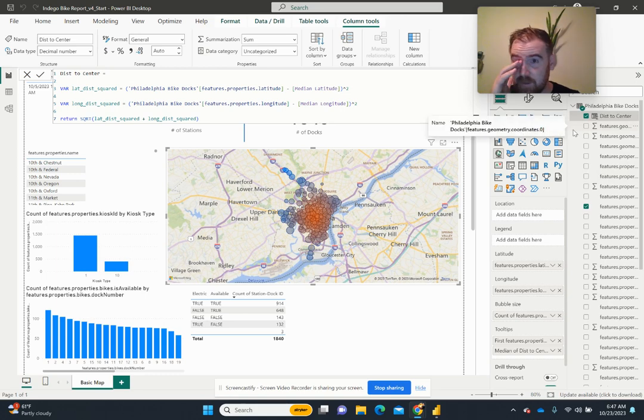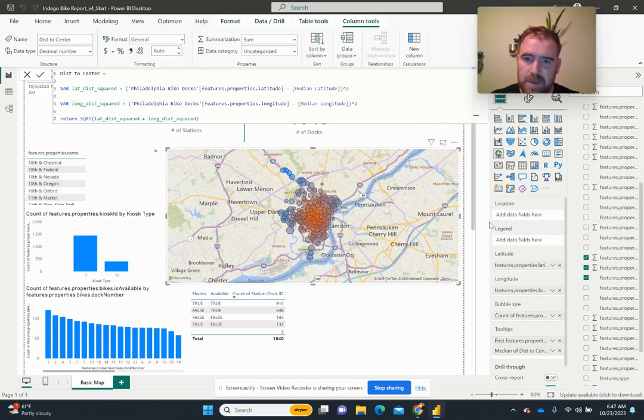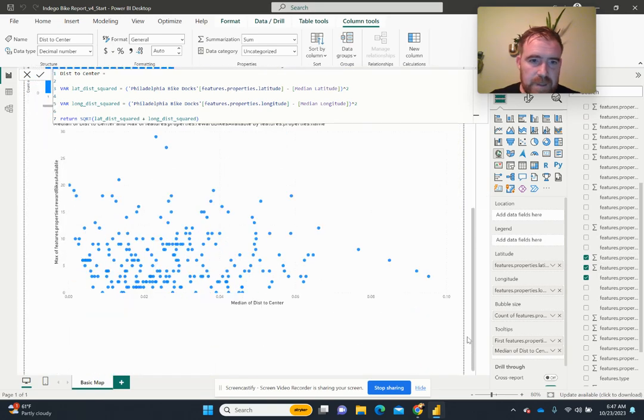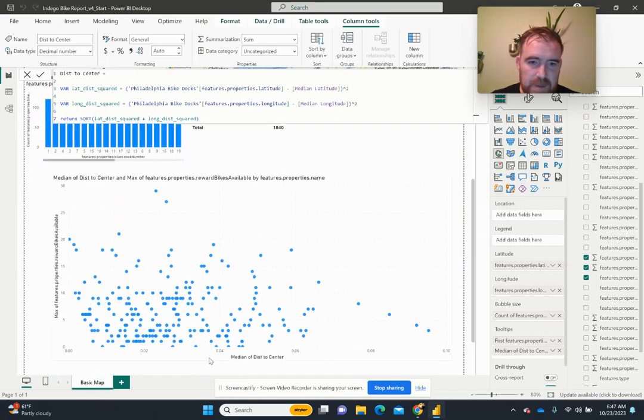And then also see how it correlates, because right now, we look at this. We tried to see if there's a relationship here between the distance to the center on our x-axis, and the number of bikes, or number of docks at a station.